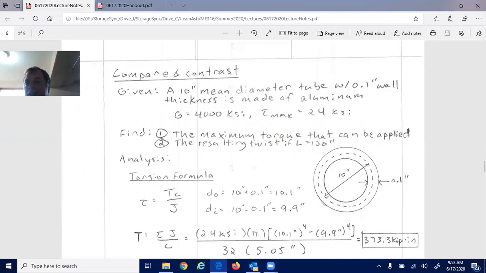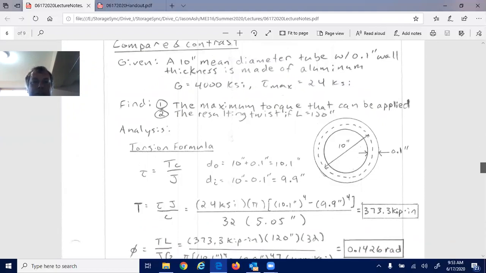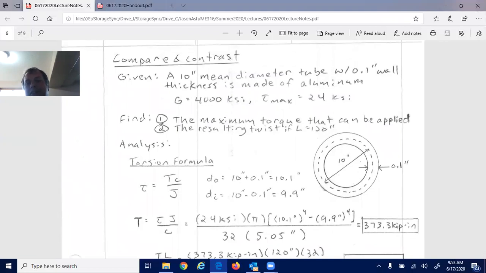When I was developing notes many years back, I thought it'd be good to compare and contrast this with a circular tube, since we can use the torsion formula, we can use shear flow, and we can see what happens when we put a negligible slot in there that causes it to be an open section, and see what impact that has throughout all the analysis methods.